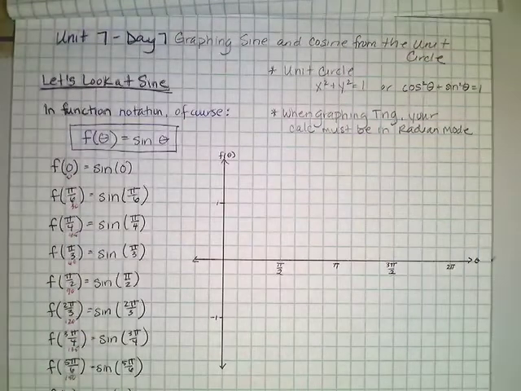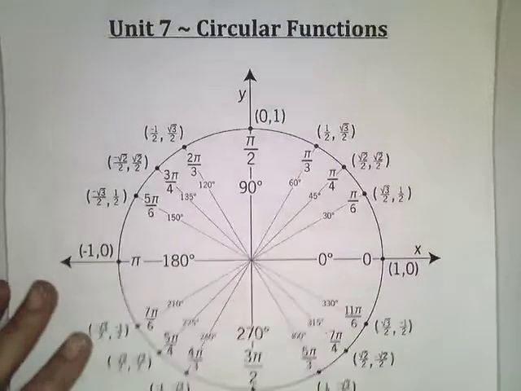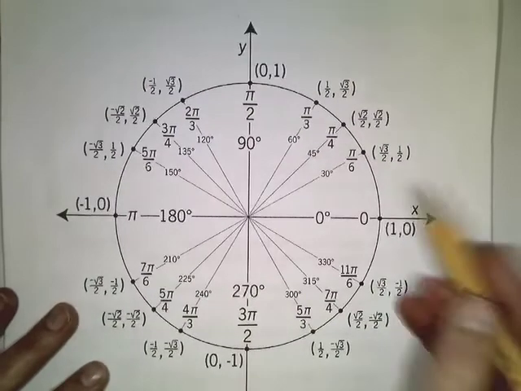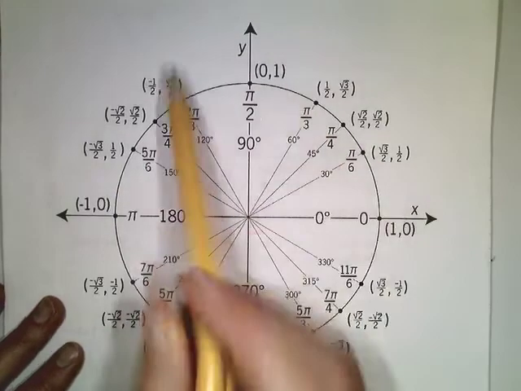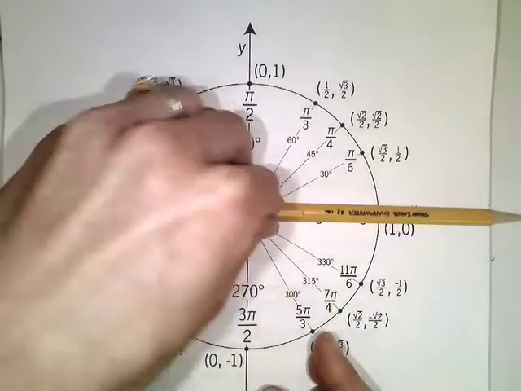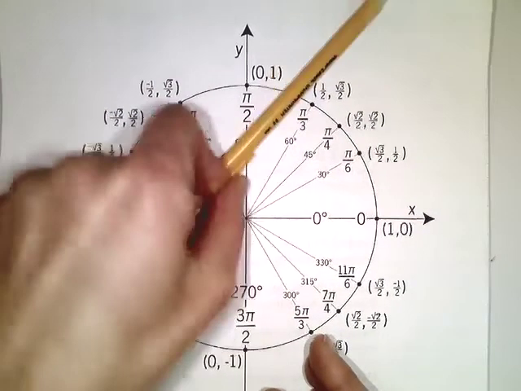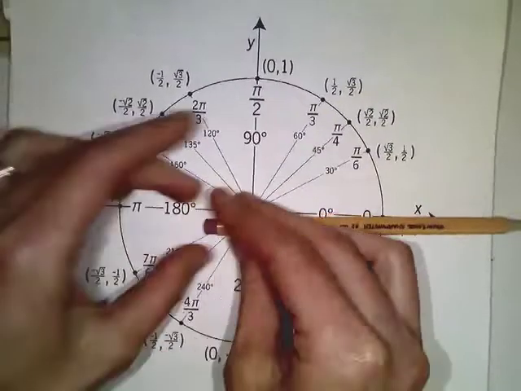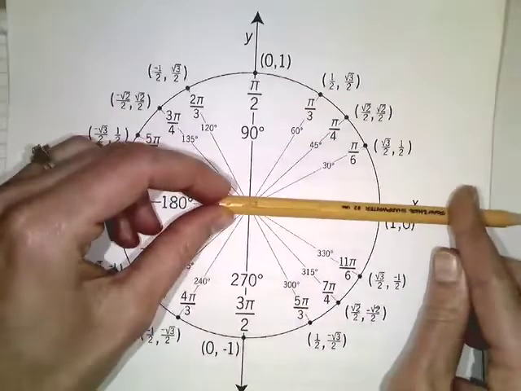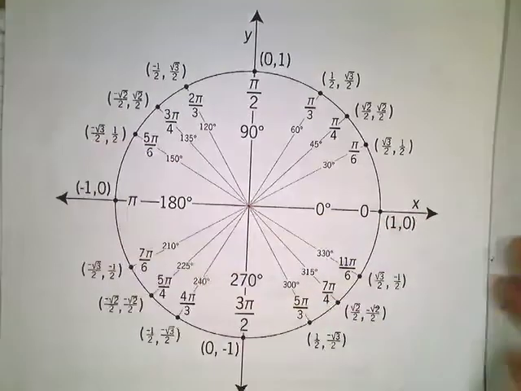Like looking at the unit circle, one cycle is going from 0 degrees with positive rotation all the way around until I get back to 0, which is 360 degrees or 2 pi radians.